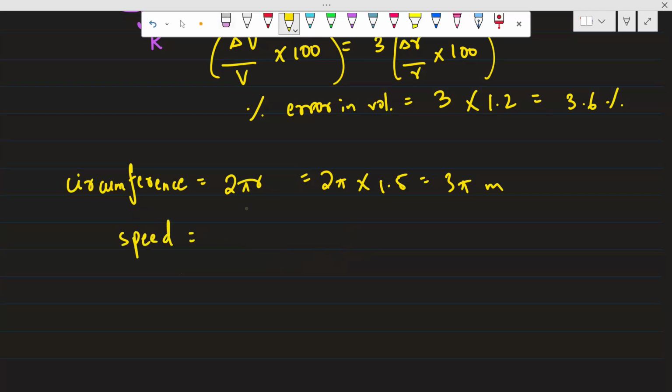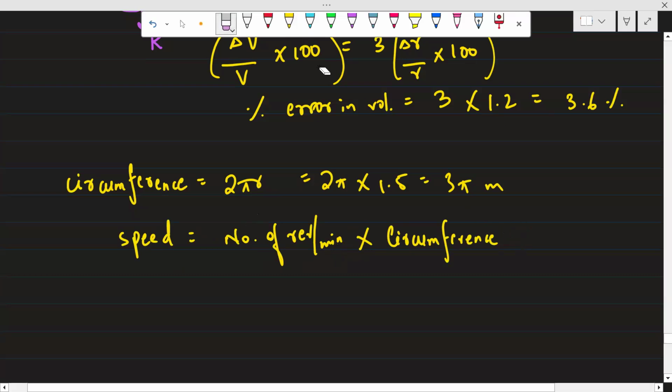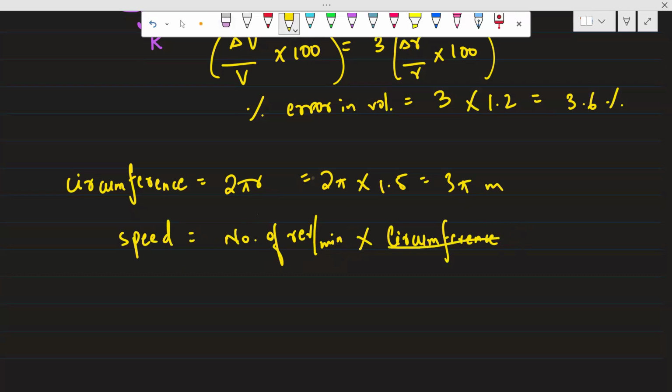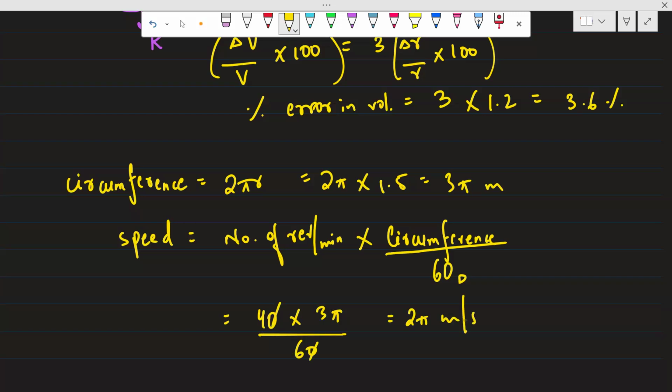To find the speed in meter per second, we take the number of revolutions per minute, multiply it by the circumference, and divide by 60 seconds because it's given in minutes. So this will be 40 into 3 pi by 60. The 0 gets cancelled, and 3 to 2. 2 pi meter per second is the speed.